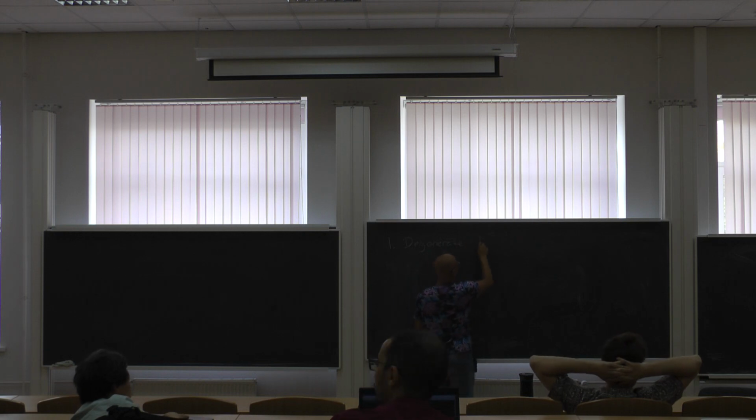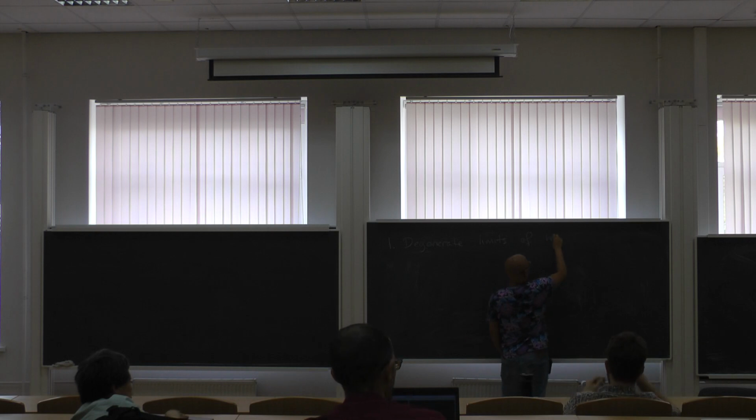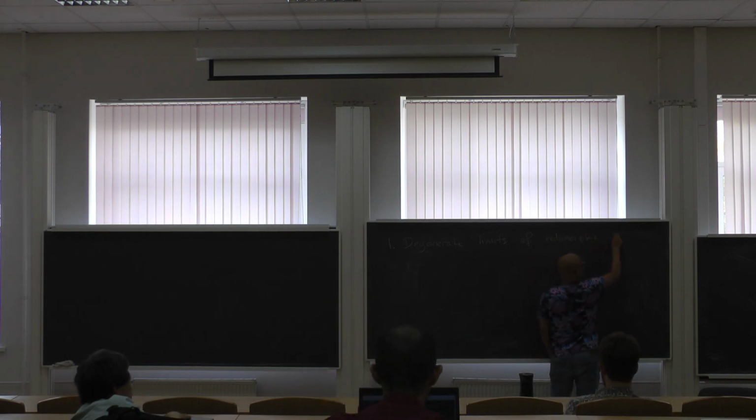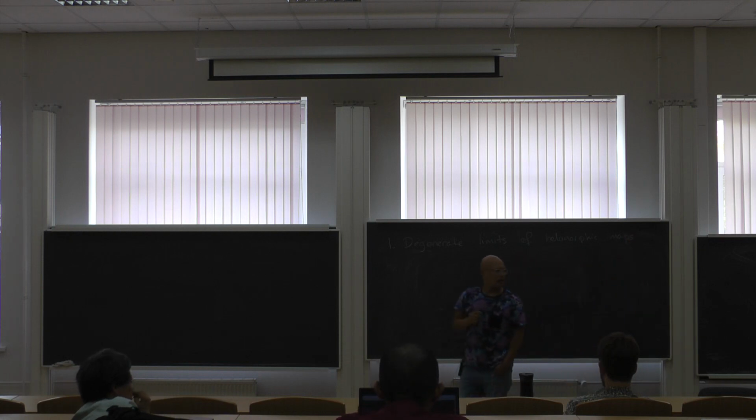I'd first like to talk a little bit about degenerate limits. This is not the title of the talk, but this is the first topic I want to discuss, of holomorphic maps. So what is this about?